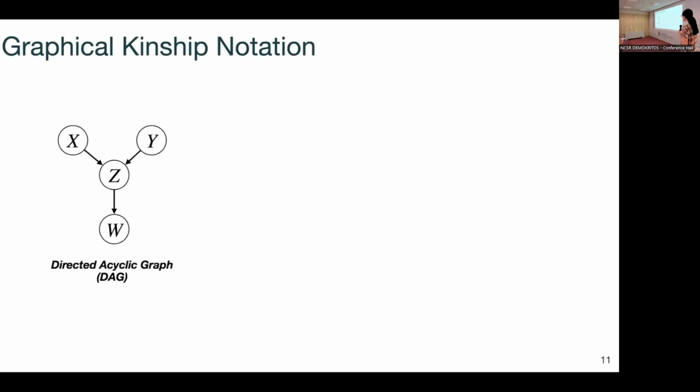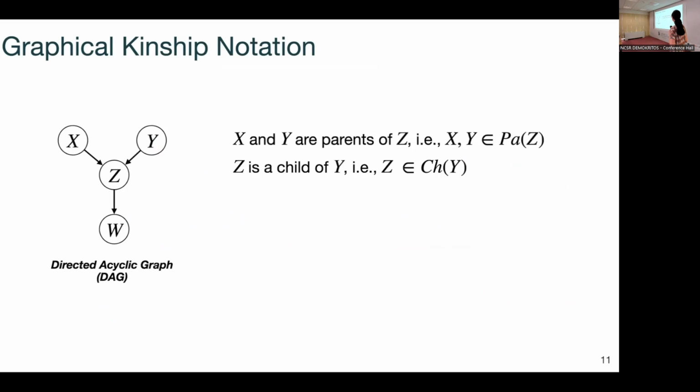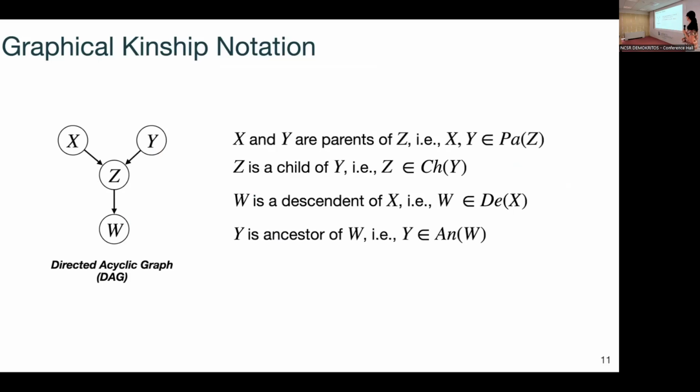In graphical models, we usually have this graphical kinship notation, which means that we have family relationships between the nodes. In this case, X and Y are parents of Z. We have Z as a child of Y, and so on. W is a descendant of X. Ancestrality means that there exists a directed path.